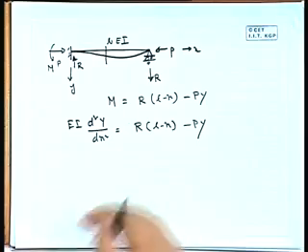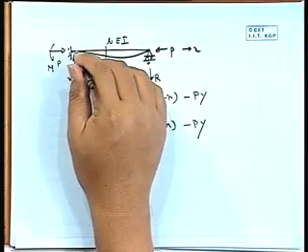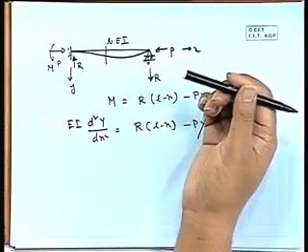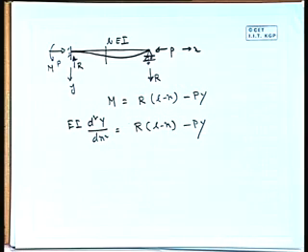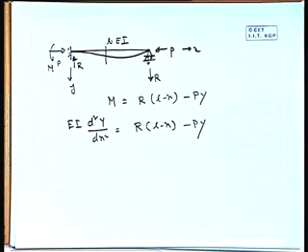So we have to integrate 4 times, and we have to put the boundary conditions at the two ends. Here deflection 0, slope 0, here deflection 0, curvature 0 or moment 0, whatever you can say. Now the problem will be much more involved because 4 unknowns, 4 equations.